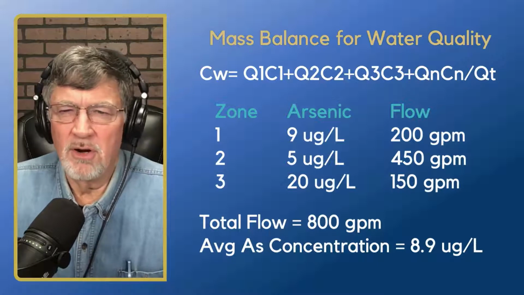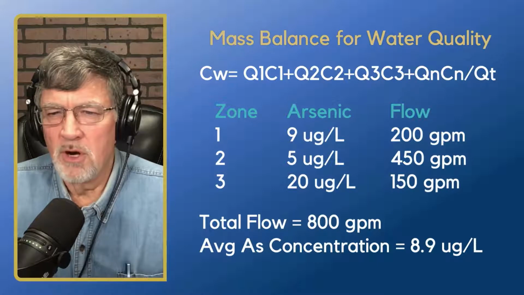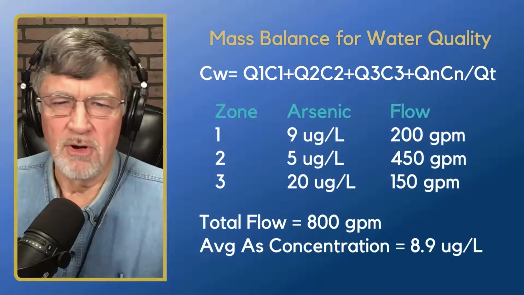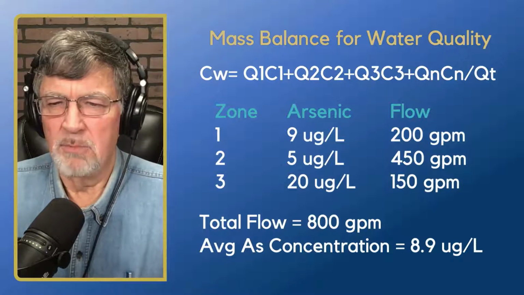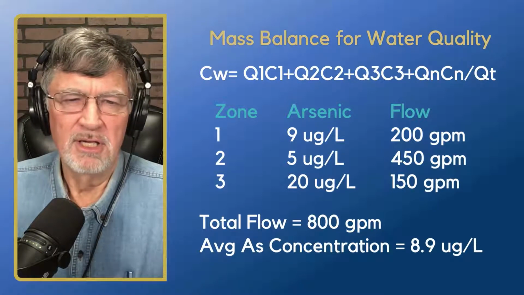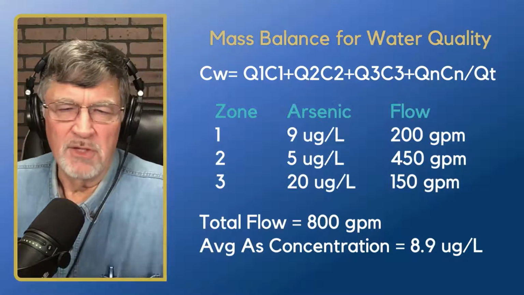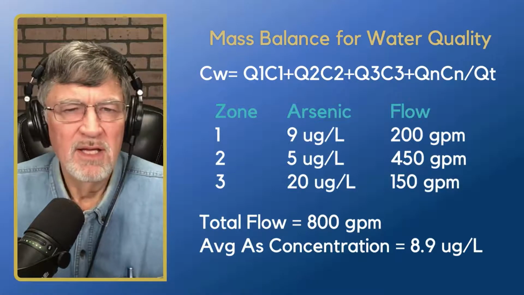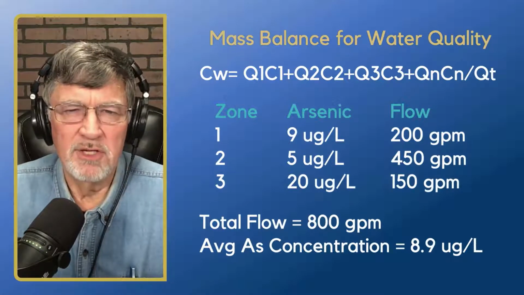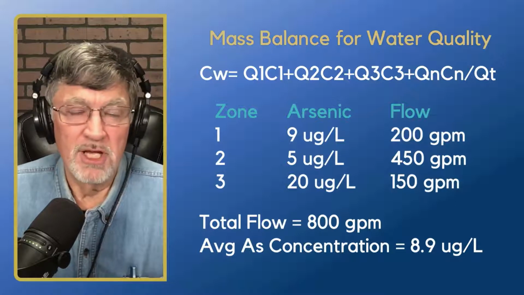If we add up our flow, we get 800 gallons per minute. We do our calculations, and we come up with our average arsenic concentration is 8.9 micrograms per liter based on our testing. This is kind of a simplistic look at the weighted average in the well itself from all our zone testing.